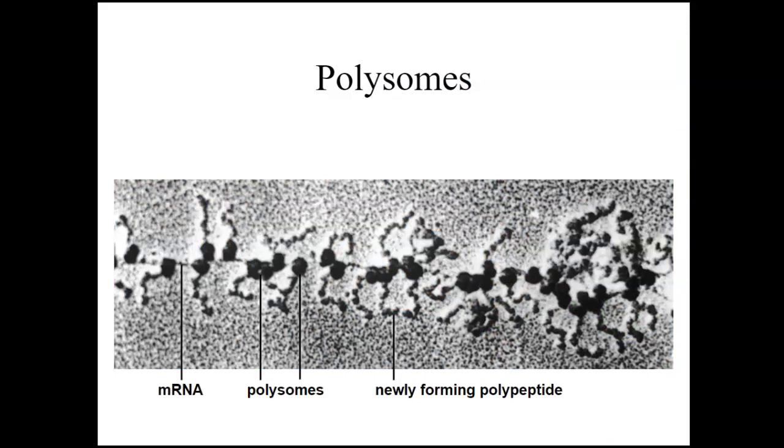This is a concept that was new to me when I first started teaching this class, and this idea of polysomes. So a messenger RNA might be worked on by multiple ribosomes. So these are multiple ribosomes, one messenger RNA going through and making copies of the same protein.